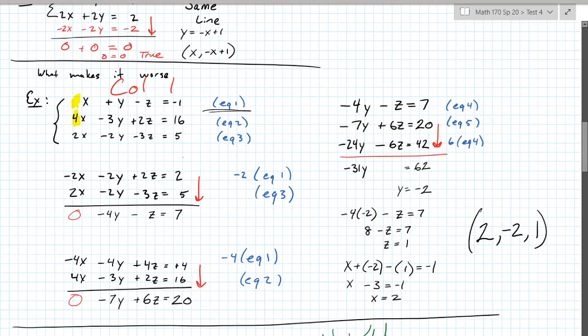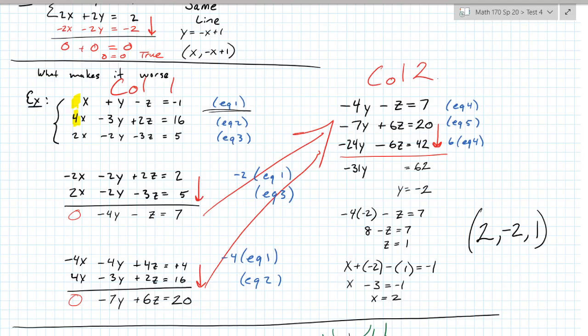And then once I get a letter eliminated, I move them over here to column 2, and that's where I'm working with my 2 equations and 2 variables. If you want, you could do the back substituting in column 3. I just didn't want to make it too wide. But then here's my back substituting right here.